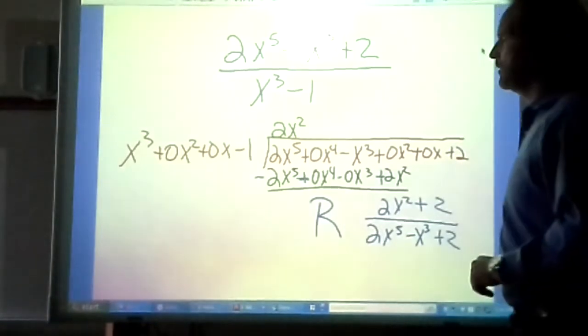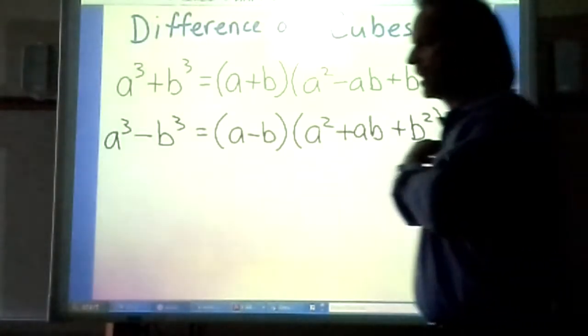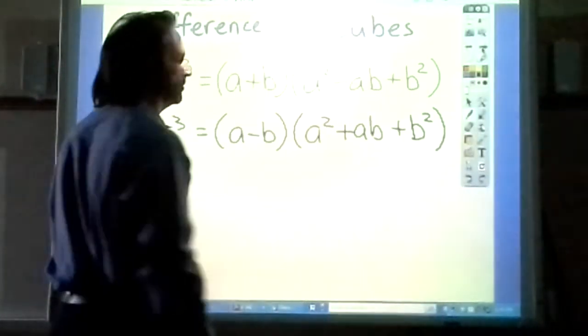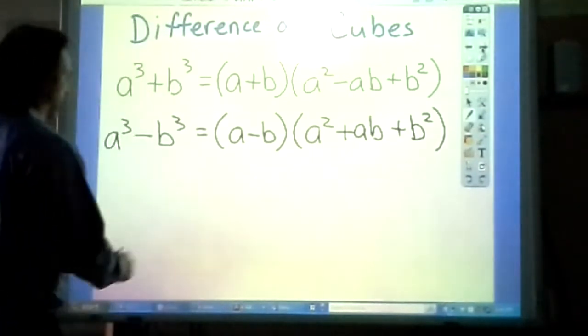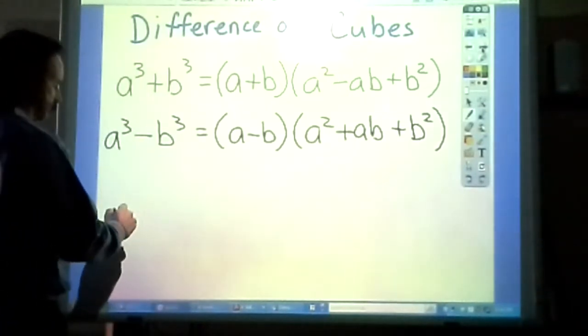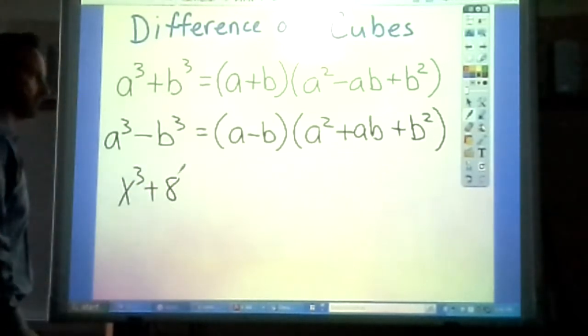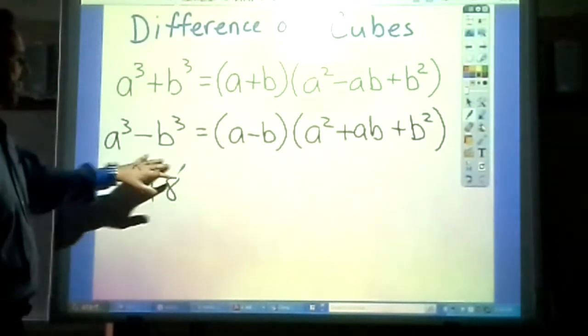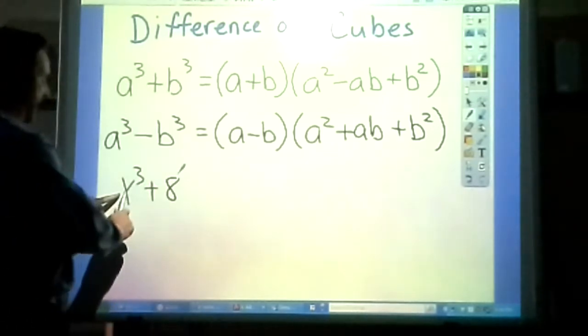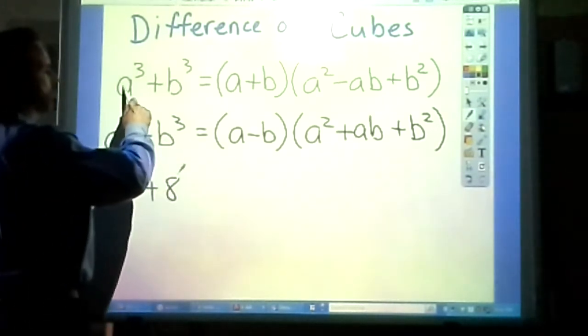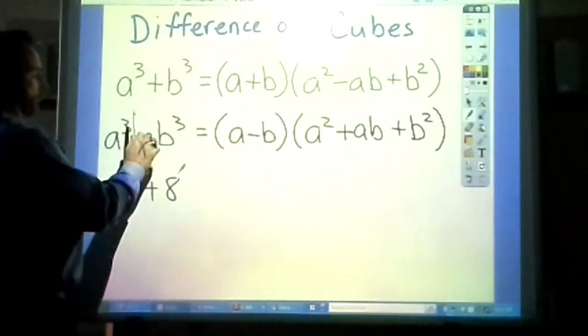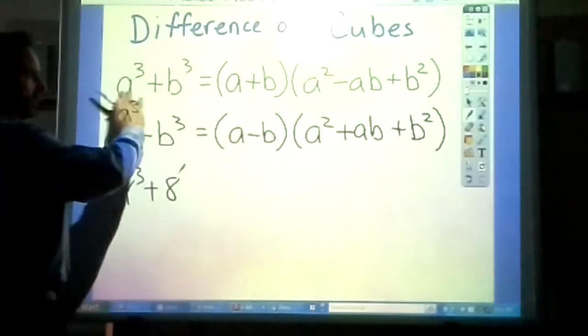All right, you've got a problem for a couple factoring problems. I want to show you the difference of cubes. You know the difference of squares, okay? If you have x cubed plus 8, here's the formula.